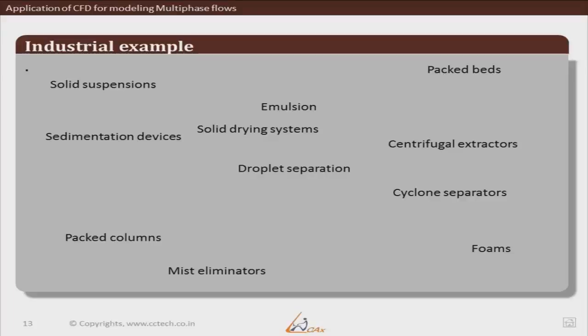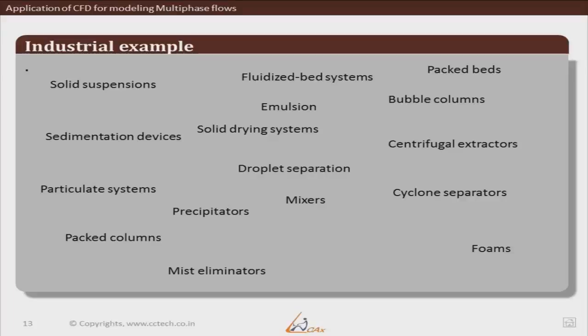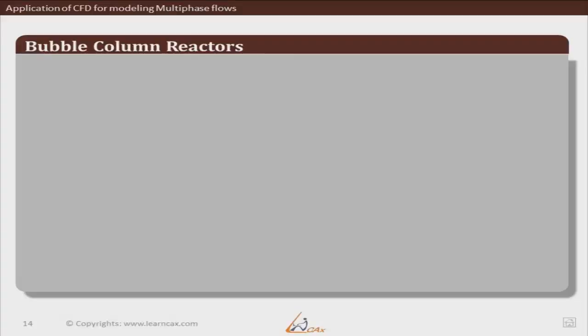These also have multi-phase flows involved in them. Mixers are another example. Bubble column reactors are a very interesting example of multi-phase flow, as well as fluidized bed systems. Particulate systems involve particles within either a gas continuous medium or a liquid continuous medium. Precipitators are another example, as well as dust collection systems.